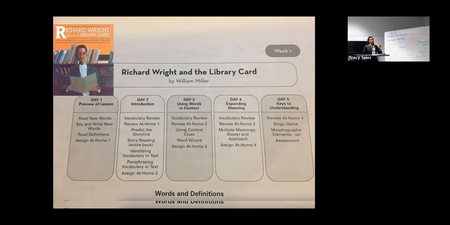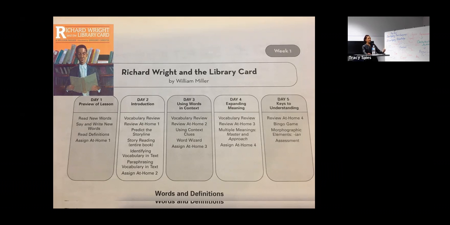Because what we wanted to do in a morphosyntactic approach is to attend their attention to word parts and different places that would be deleted, or the sounds that would be deleted or omitted within that dialect. But this is an approach that can be used for English language learners because they are acquiring language proficiency also, but in a different way. So I wanted to point that out because day one, I don't think you'll see this on the slide, but just wanted to point that out.